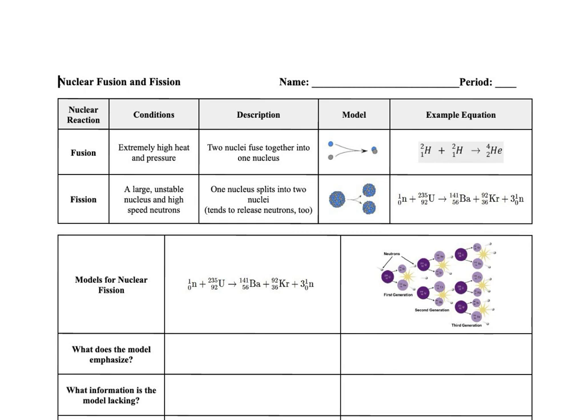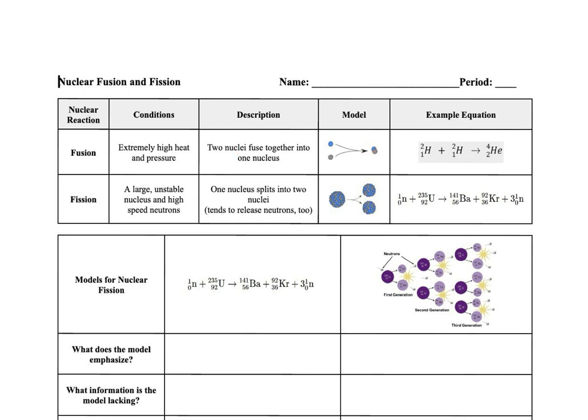So now that we know about alpha, beta, and gamma rays, we are going to talk about two categories of these nuclear reactions, fusion and fission. With fusion, they require high heat and high pressure, and this is where two nuclei, so two different elements, fuse together to form one big nucleus.